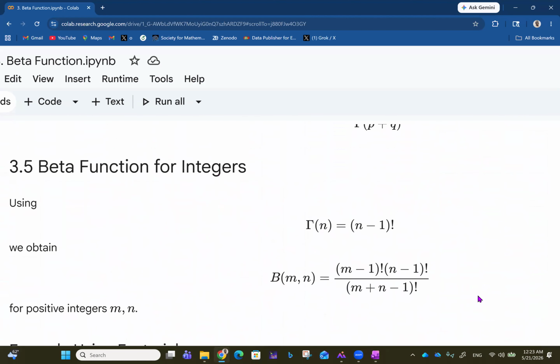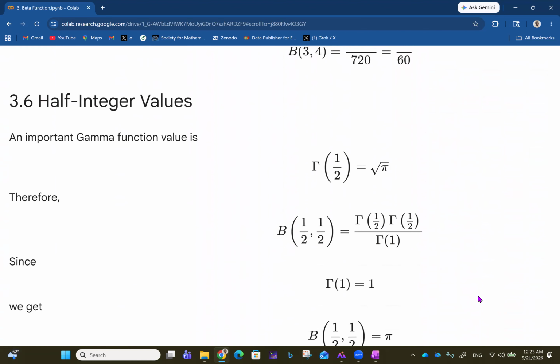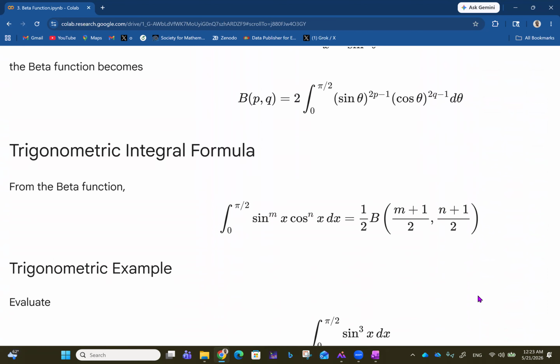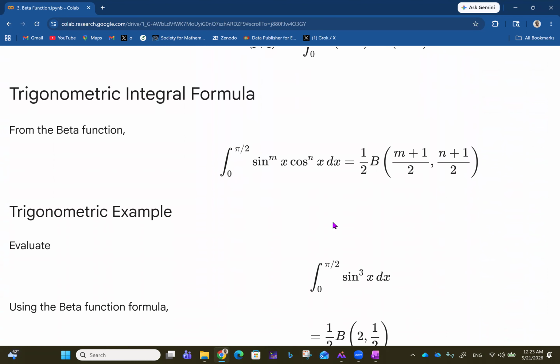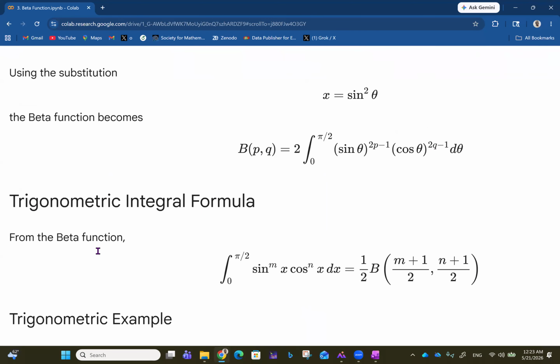So yeah, with all of that in place, then let's talk about beta function. Okay, we've done all of this. So half integer taken care of. Then trig form of beta function already done. Trigonometric integral formula then becomes this now. Based on this idea, from the beta function, we can then say that the integral from 0 to pi over 2 of sine mx cos nx dx can be expressed as this.